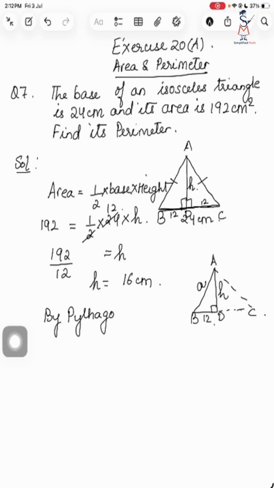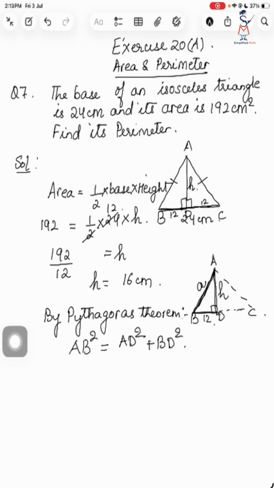What does Pythagoras theorem say? The Pythagoras theorem states that in a right angle triangle, the square of the hypotenuse, which is AB, is equal to the square of height plus the square of base.